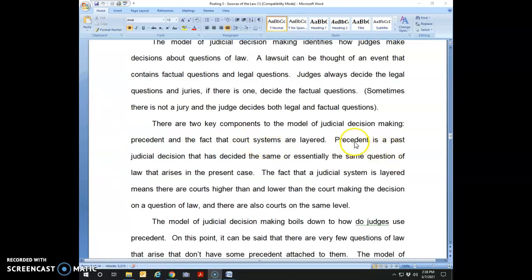In other words, the judge is going to ask this question: is there a past judicial decision that has decided the same or essentially the same question of law that I'm now faced with?